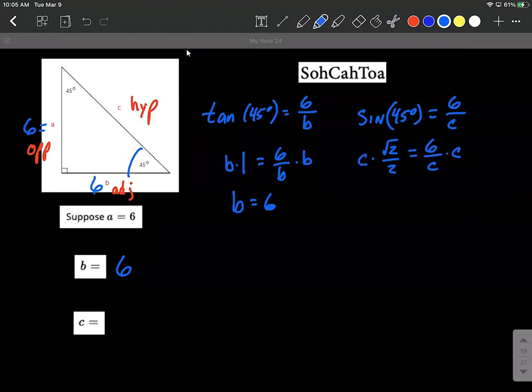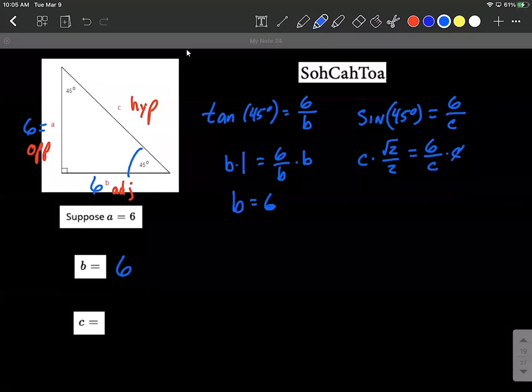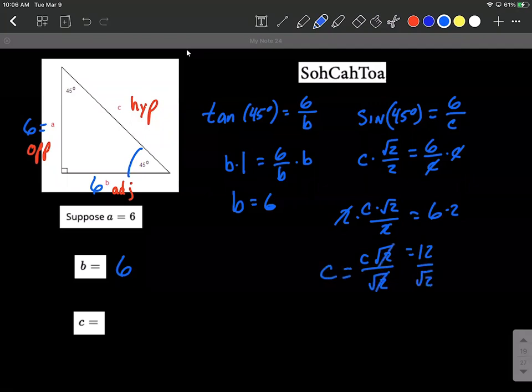By multiplying both sides by C, these will cancel out on the right-hand side. So we have C times the square root of 2 over 2 equals 6. We'll multiply both sides by 2. C times the square root of 2 equals 12. And then to get C all by itself, we'll divide both sides by the square root of 2. All right, so we can say C is 12 divided by the square root of 2.